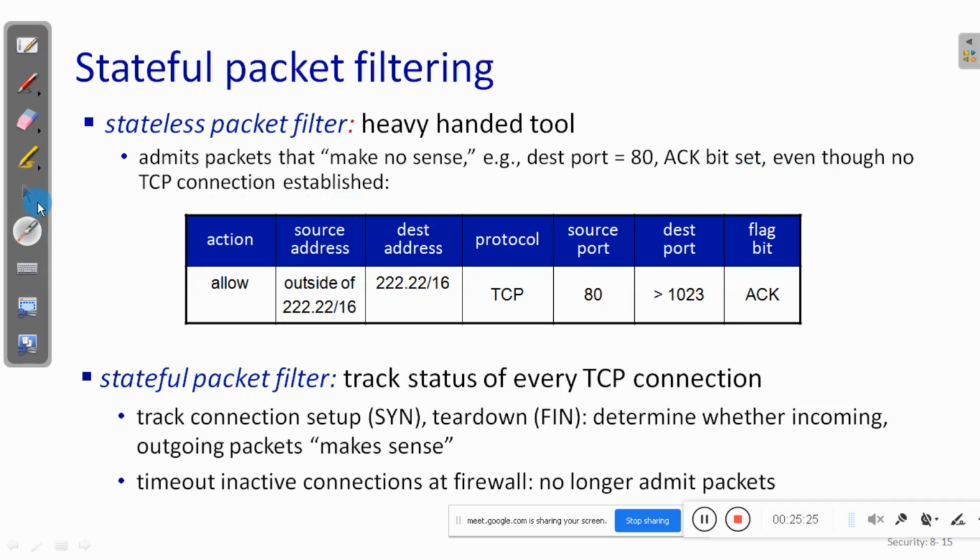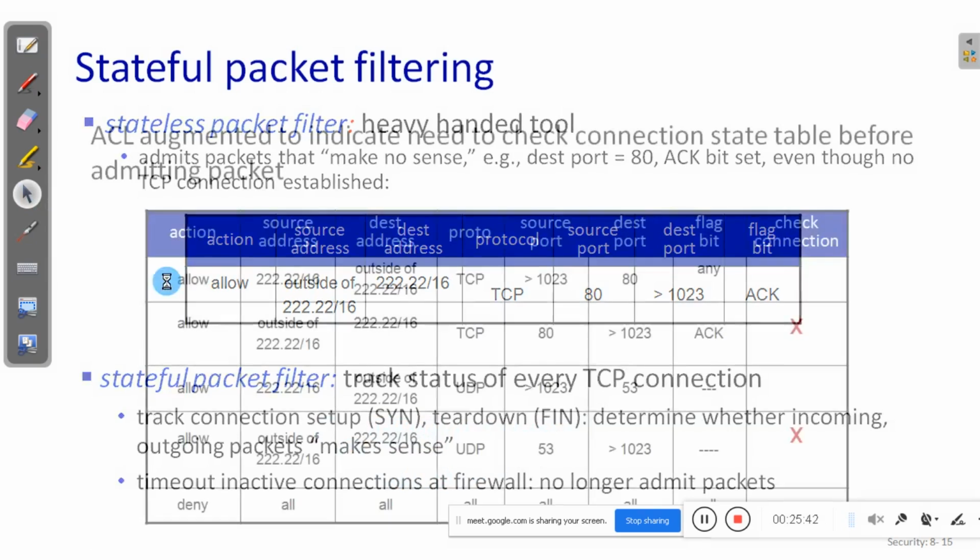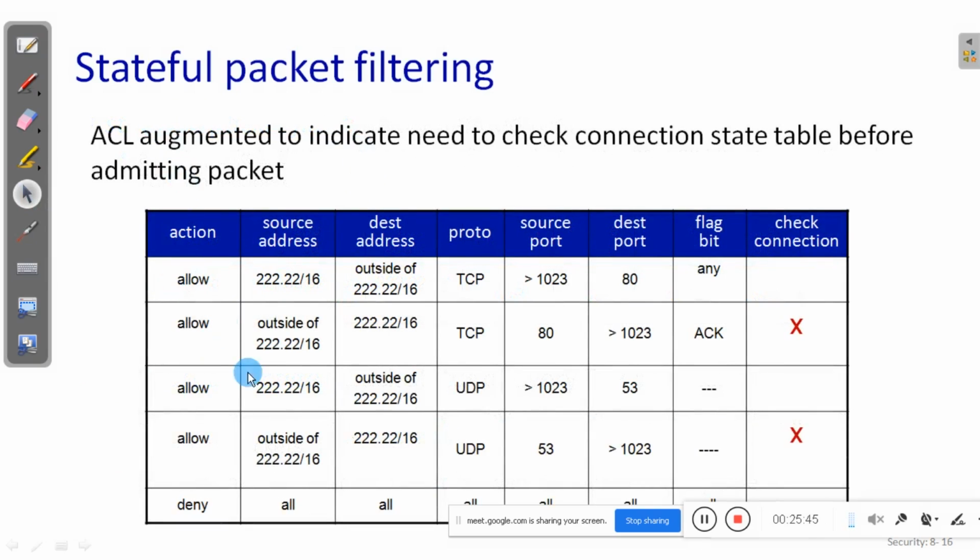But in the case of stateful packet filtering, it will track the entire connection, like whether the setup has been done or not, whether a SYN connection is there or not, and so on. Even though some rule settings are there in the firewall, after checking with stateful packet filtering, it will deny some of the connections, as you see here.